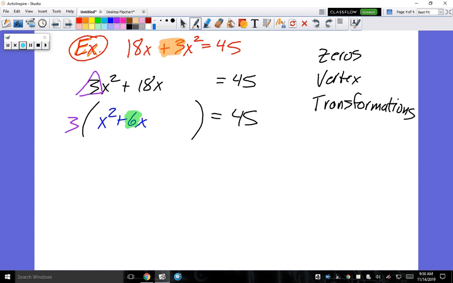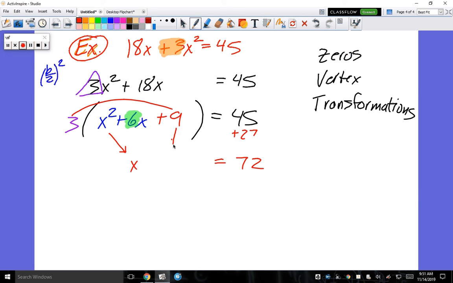This is that new b that I'm going to do b over 2 squared, completing the square. So 6 divided by 2 is 3. Squared is 9. So how much am I going to add to the other side? 27 is what I'm going to add to the other side. So I'll get 72.